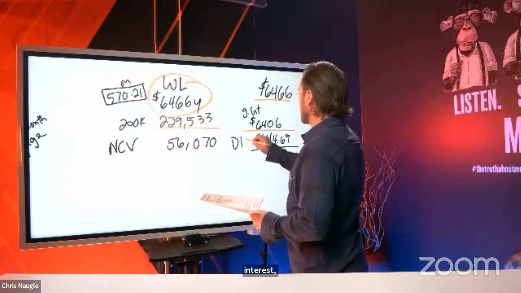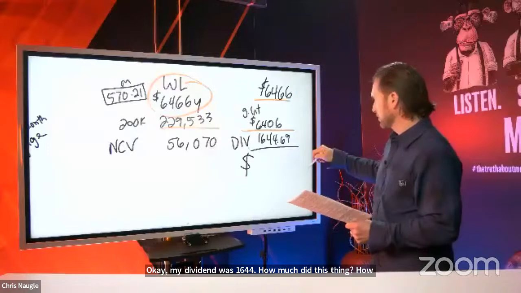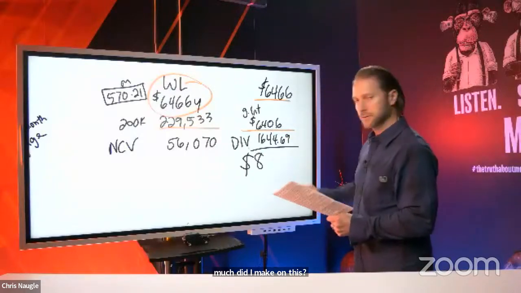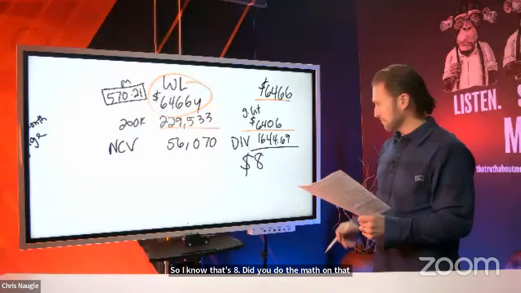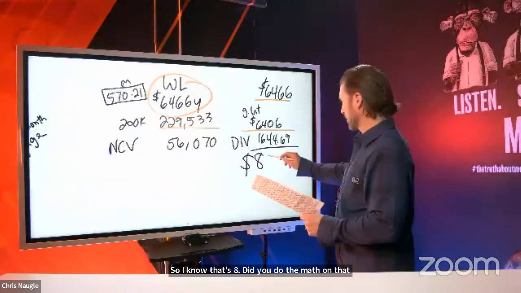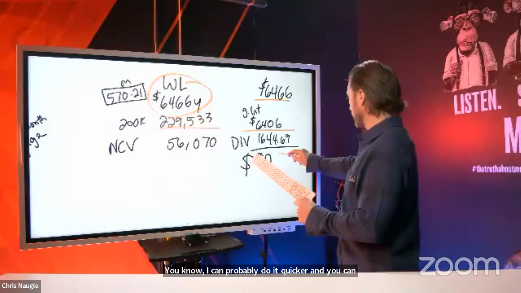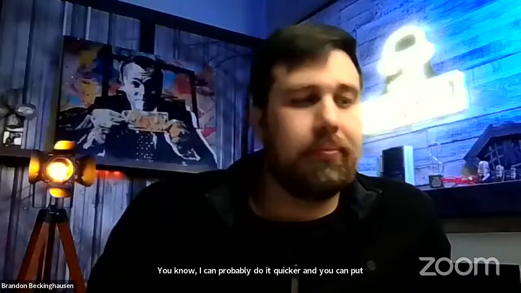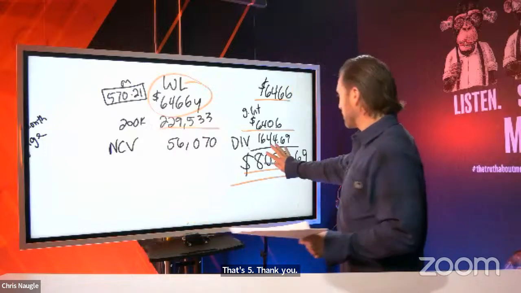Okay, my dividend was 1,644. How much did I make on this? Did you do the math on that? I can probably do it quicker than you can put the numbers in the calculator. 8,050. Thank you. Yeah, that Common Core math skills are kicking in there. Just kidding.